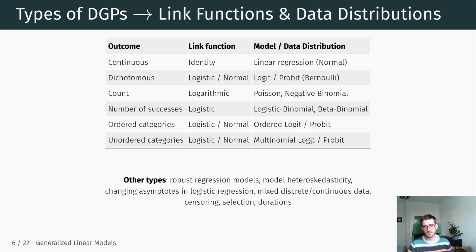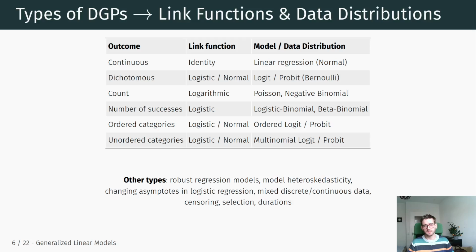We can think about changing asymptotes in logistic regression. We can mix discrete and continuous data, for example, to take into account censoring or selection, or we can model durations and event history data. Okay, so there's a huge set of different models and different tools that you can use for your specific substantive research area.